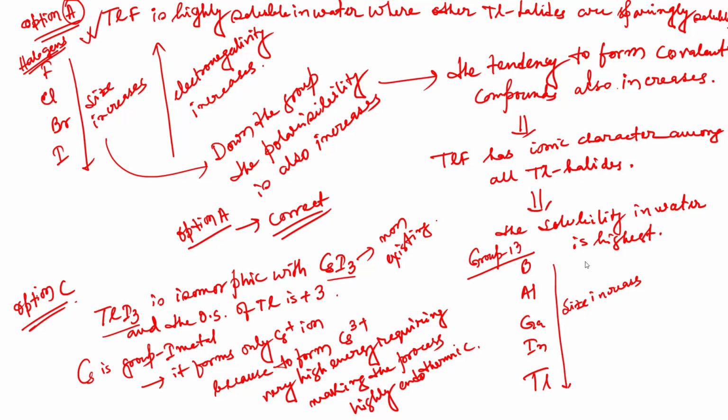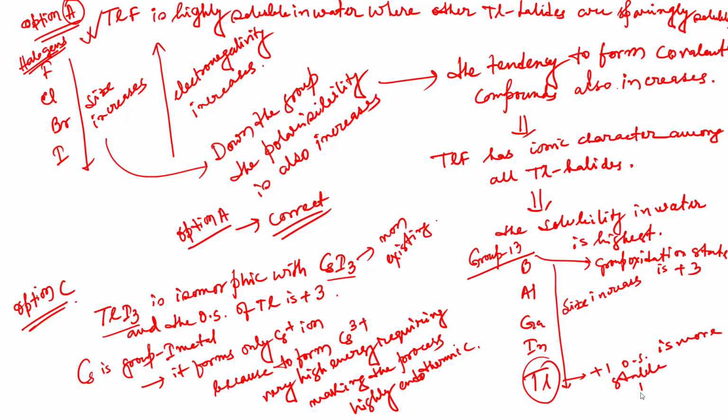For group 13 elements, the group oxidation state is +3. But in case of thallium, the +1 oxidation state is more stable, and the reason is the inert pair effect.